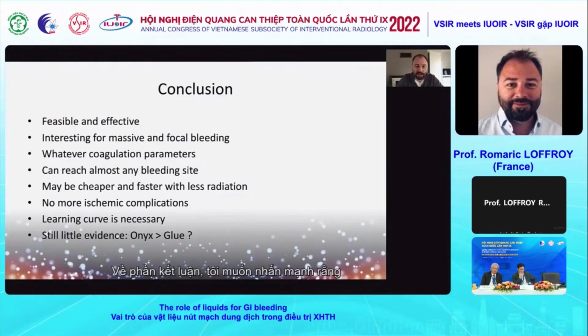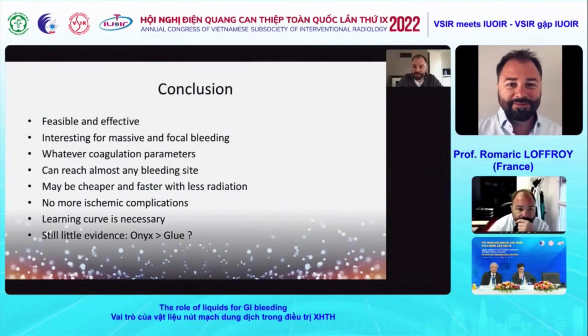So in conclusion, I would say that the use of liquid embolic agents, both cyanoacrylates and copolymers, can be very interesting, feasible and effective for lower and upper GI bleedings, for arterial bleedings, but also, as I showed you, for venous bleedings. This is specifically interesting for massive and focal bleeding with extravasation.